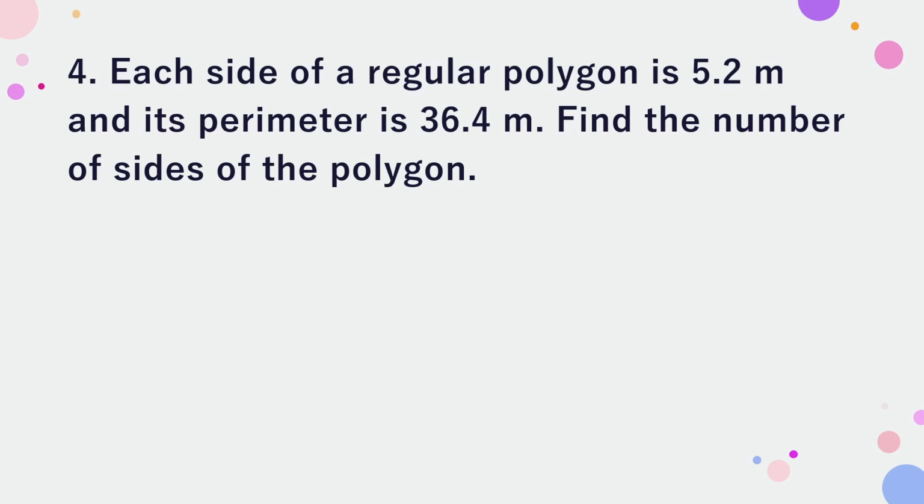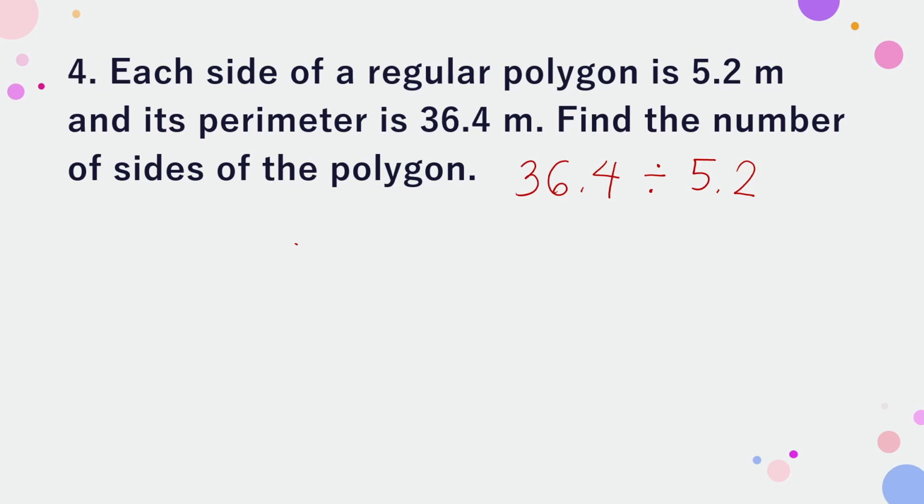I agree with that. So inside the division, we have 36.4 and 5.2. 36.4 divided by 5.2. Last meeting we discussed dividing decimals. If the divisor is a decimal, what do you do with that? You make that a whole number.